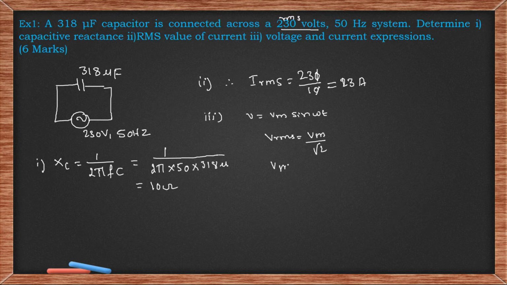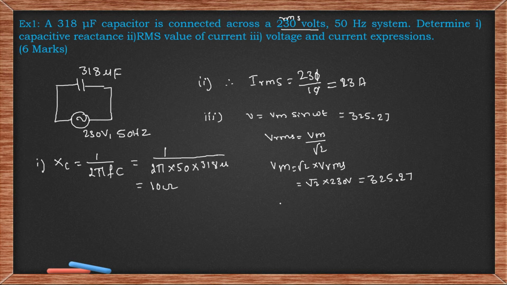That means Vm is equal to root 2 into Vrms. So here the RMS value is 230 volt, and the answer is 325.27. That is Vm.